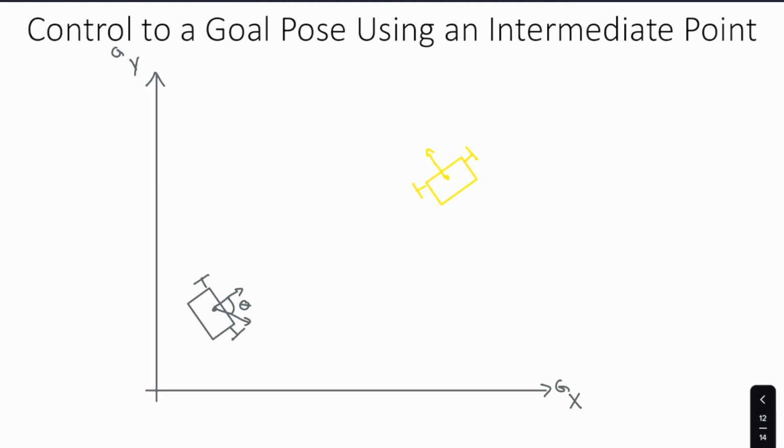For this one, you'll have the nice smooth characteristics that we had before. It'll still be a 2-phase control, but essentially what you'll do is you'll pick some radius and define an intermediate point.